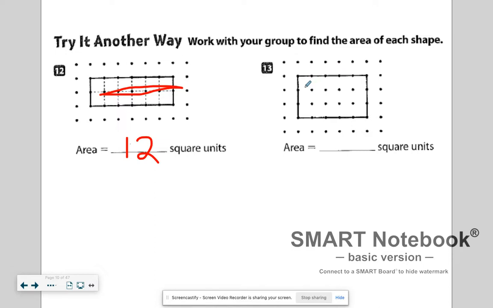And here on 13, all you had to do was, even though these are not connected, you can see where the rows and columns would be. Okay, and this one, I hope you found that it was 15 square units.